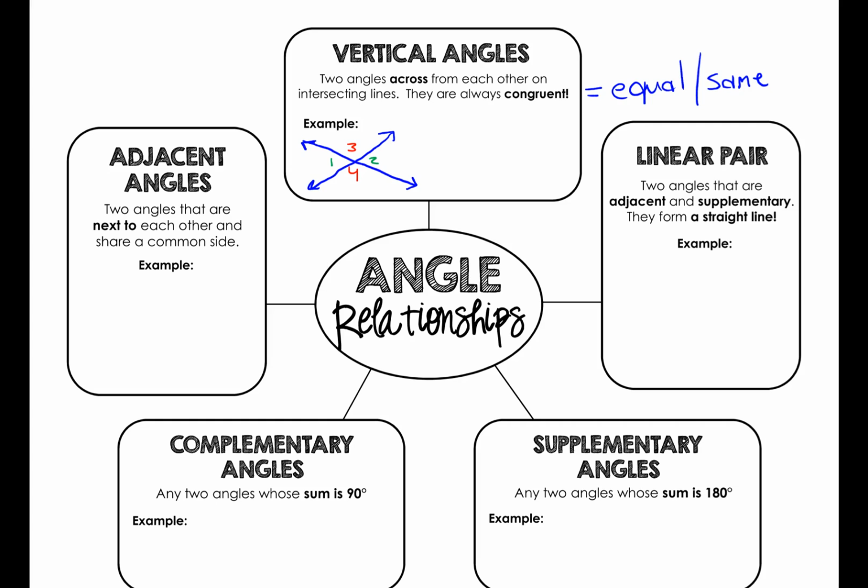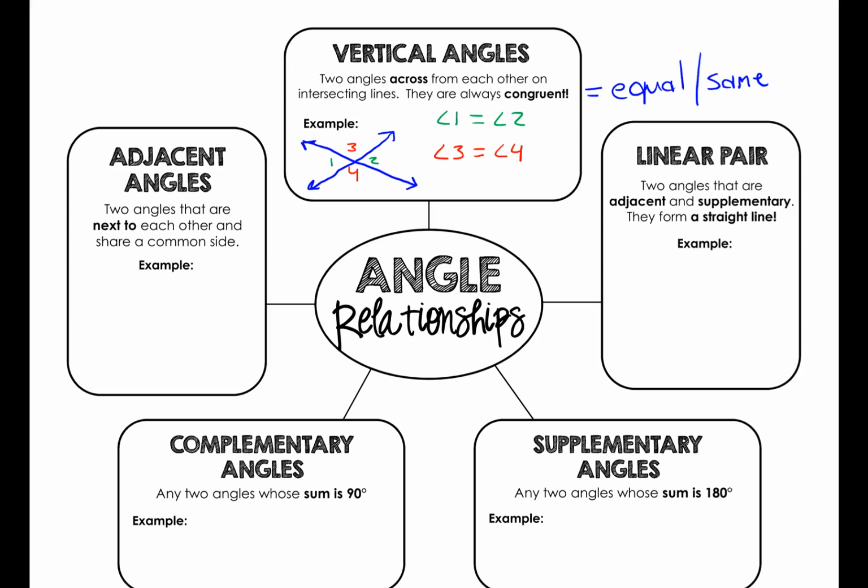When I have vertical angles, I'm looking at angles that are directly across from each other. So here I can say that angle 1 is the same as angle 2, and angle 3 is the same as angle 4. If I ever give you a vertical angle relationship and ask you what the angle is, just look at the angle across from it and you should immediately know.